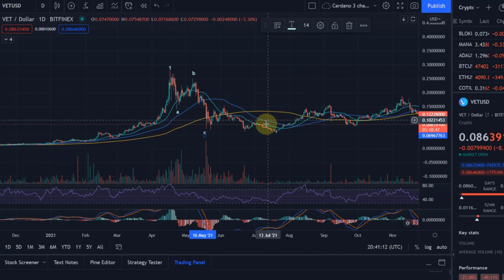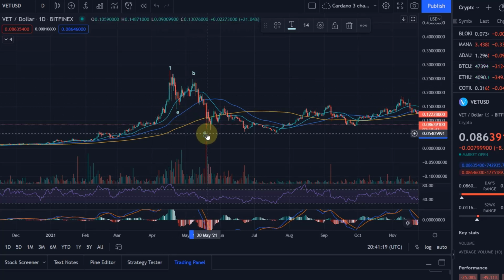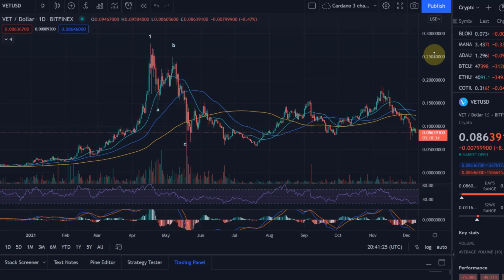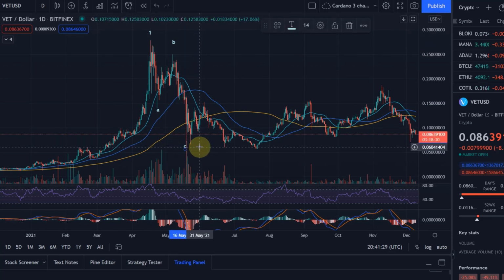Because this is a 3-part move, the A, B, C is 3 waves to the downside. But we can also see another 3-part move.